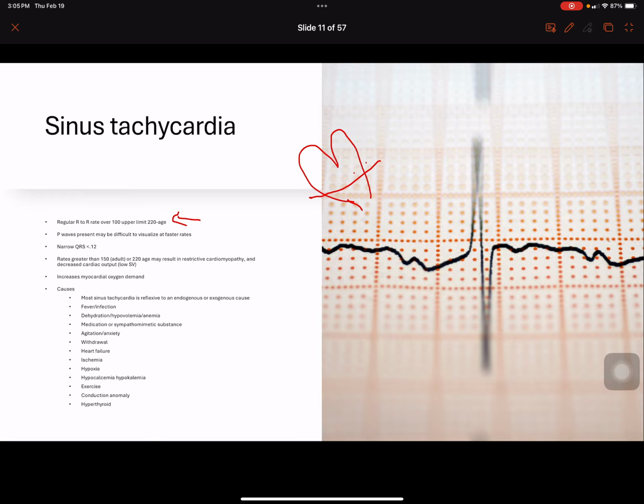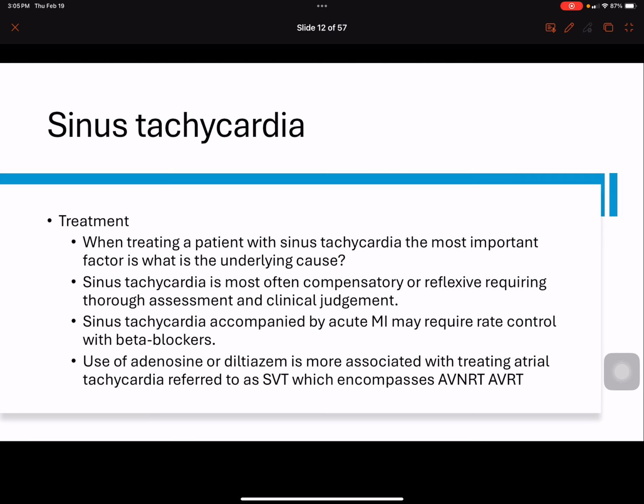And again, here's another list of causes just to expand upon what we just talked about. Let's see, what is our treatment? So again, first question to ask, is there an underlying cause? And I'm going to tell you, for testing purposes, be ready to have critical thinking skills to rule out, is this tachycardia compensatory tachycardia, or is this a rhythm I need to treat with cardiac medications or procedures like cardioversion, which we're going to talk about.